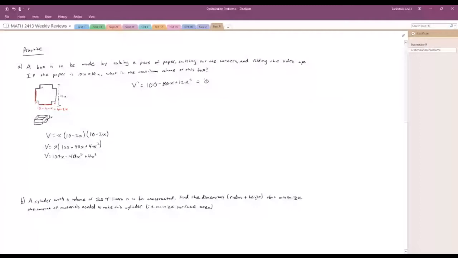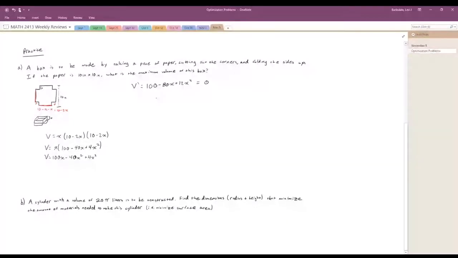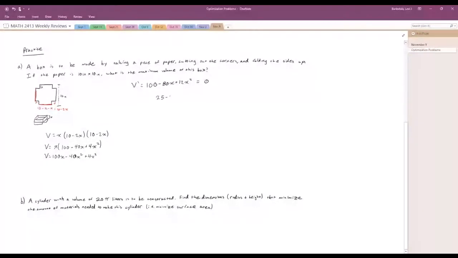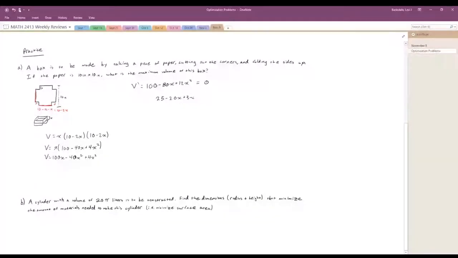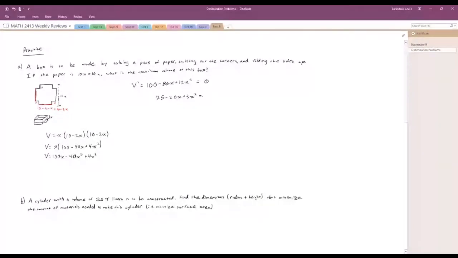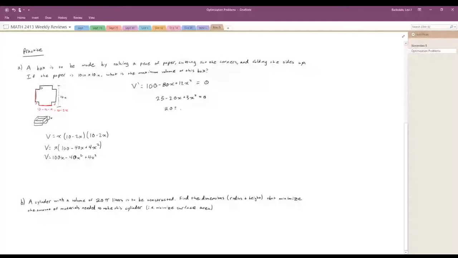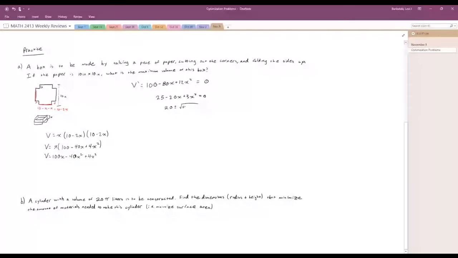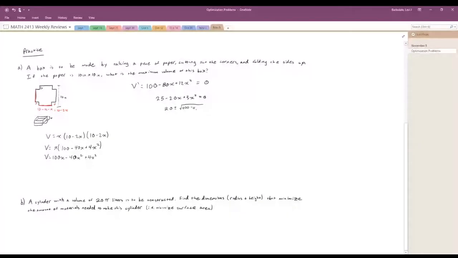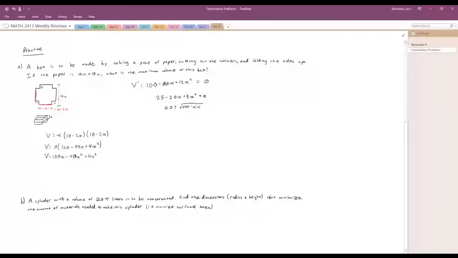Well, now I simply need to try and factor this as best I can. I'm going to go ahead and divide everything by 4. So I get 25 minus 20x plus 3x squared is equal to 0. And again, I don't like factoring, so I'm just going to go ahead and use my quadratic formula. 20 plus or minus the square root of 20 squared is 400, minus 4 times 25 times 3, all over 2 times 25 is 50.